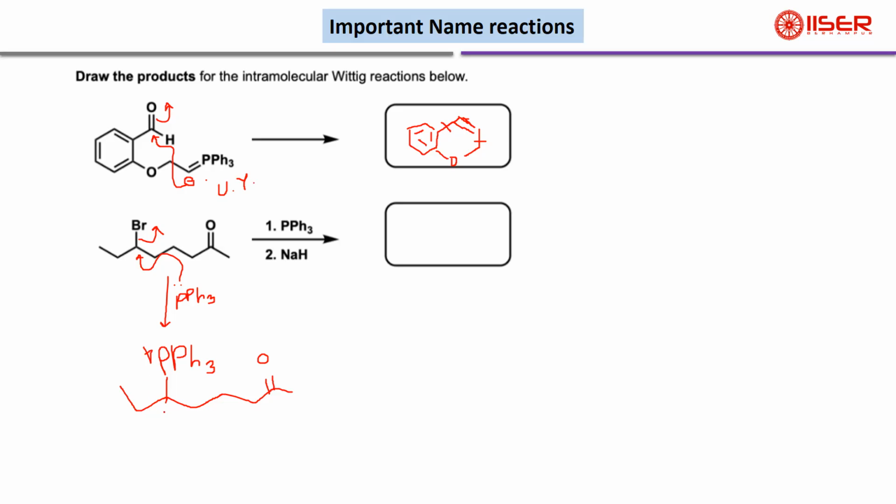Now there is a hydrogen here, and if you add a base, here the base is NaH, so this H minus will take a proton from here and be removed as H2 gas and generate a negative charge here, and that means it's forming a halide.